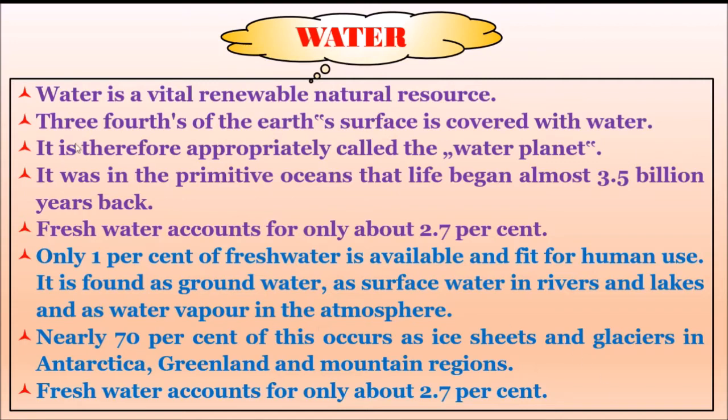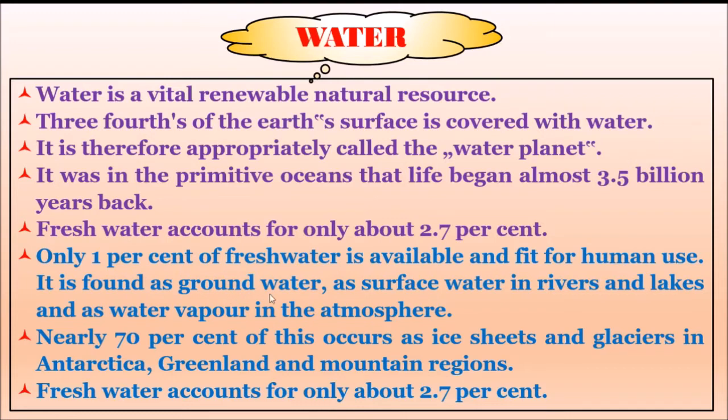Let me read first. Water is a vital renewable natural resource. 3/4 of the earth's surface is covered with water. It is therefore appropriately called the water planet. It was in the primitive oceans that life began almost 3.5 billion years back. Fresh water accounts for only about 2.7%. Only 1% of fresh water is available and fit for human use.